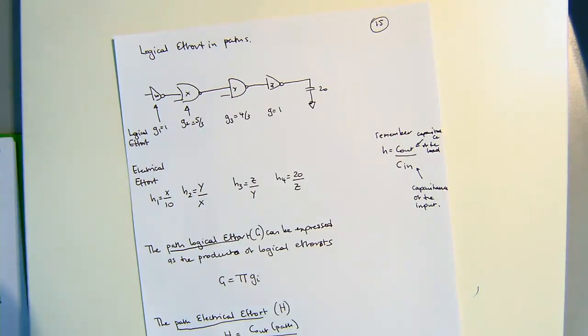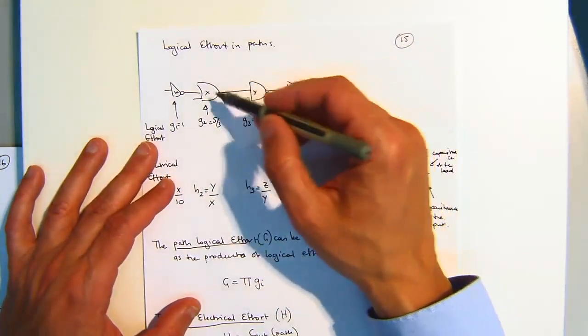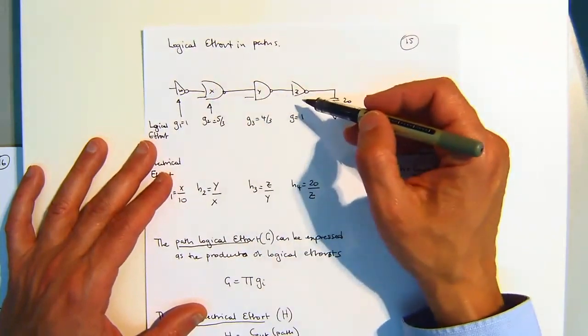Can anyone remind me how we define electrical effort? Output capacitance over input capacitance, right? And then the other thing that's important, just to make sure that we're all on the same page with consistent terminology, is that if I write X here, that's usually the size of the device, right?